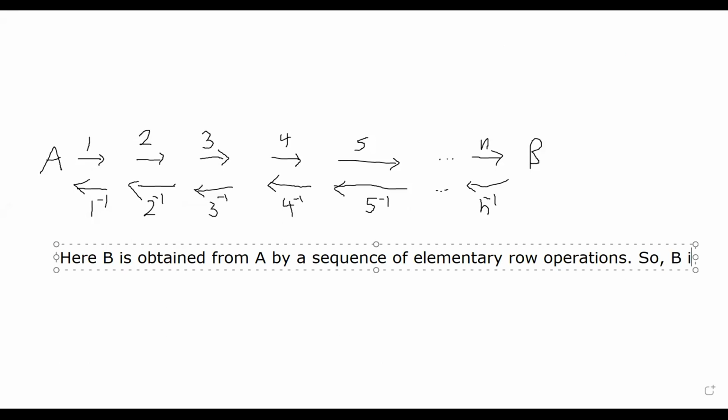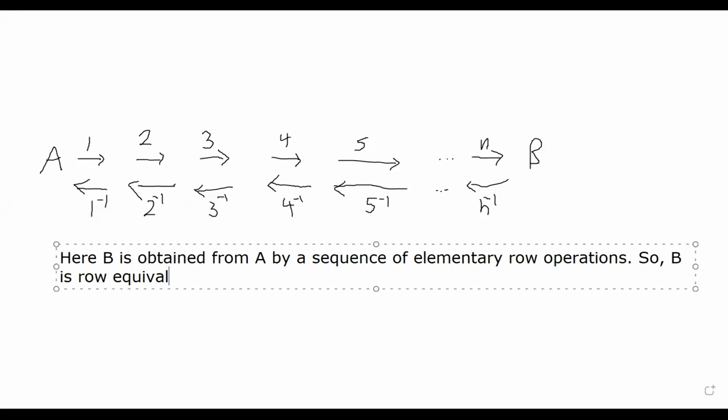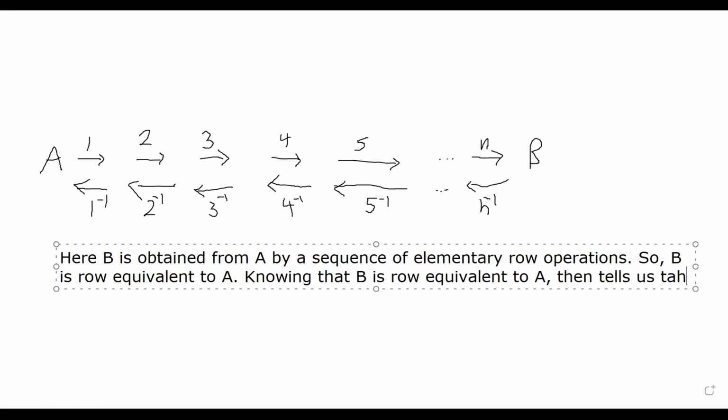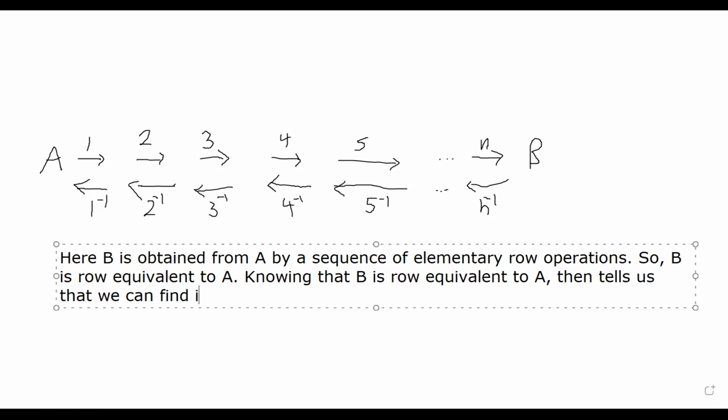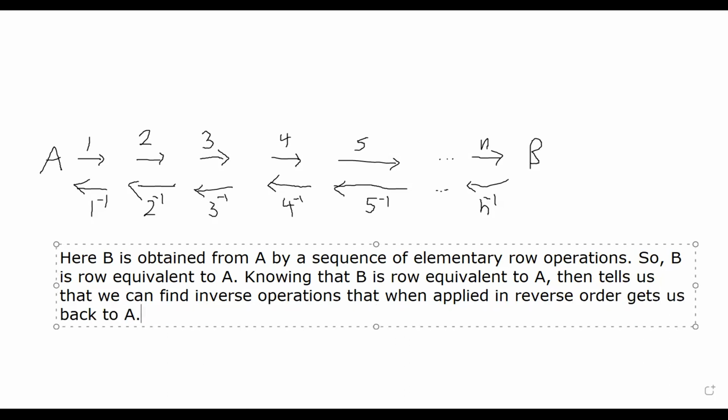So B is row equivalent to A. Knowing that B is row equivalent to A then tells us that we can find inverse operations that, when applied in reverse order, get us back to A. So A is also row equivalent to B.